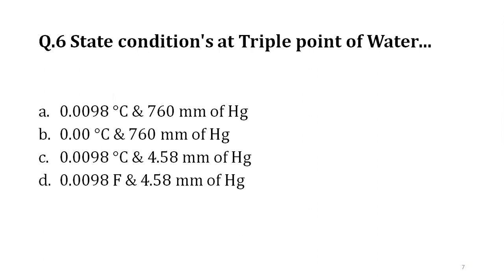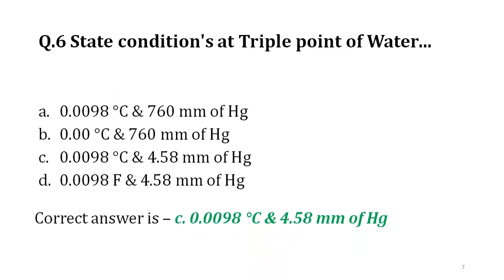And option D, 0.0098 degrees Fahrenheit and 4.58 mm of Hg. The correct answer is option C. Triple point means all three phases, solid, liquid and vapor, coexist in equilibrium, and it occurs at the specific temperature and pressure given in option C.